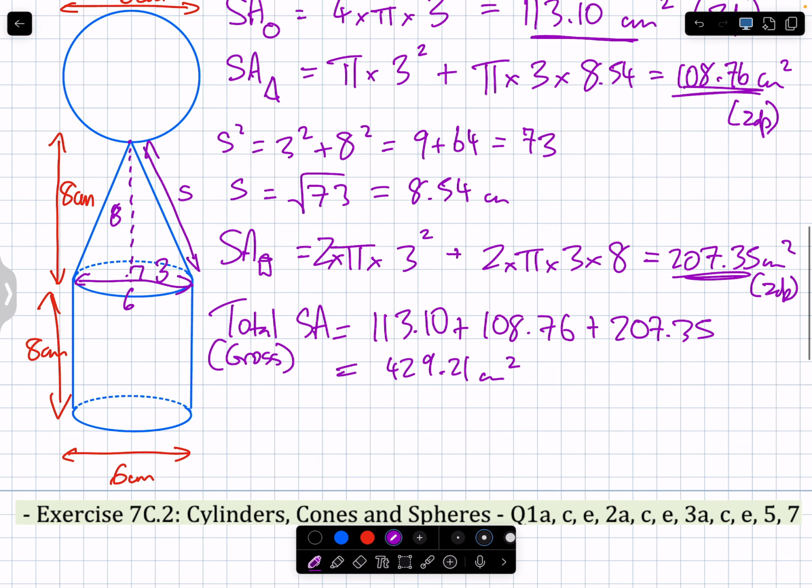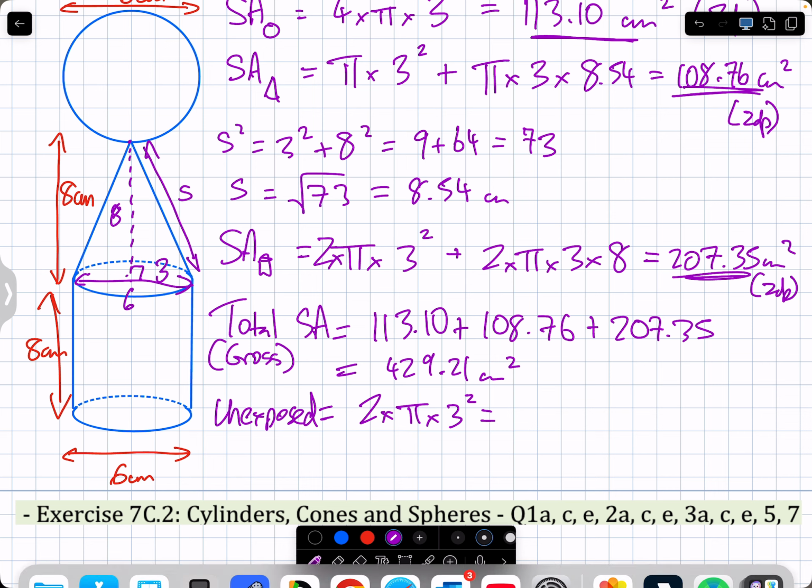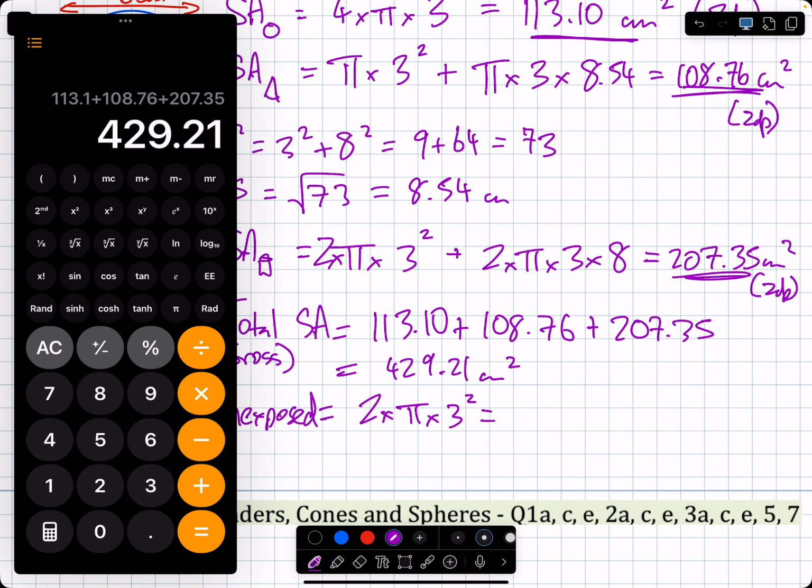So unexposed is going to be 2 times, what's the area of a circle? Pi times the radius squared, which is 3 squared. 2 times pi times 3 squared. So we just need to take 56.55 square centimeters off of that.